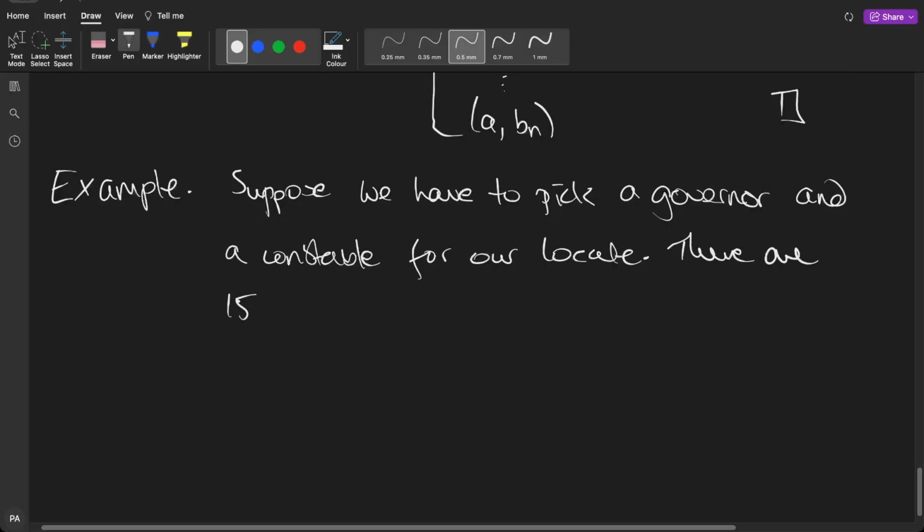There are 15 governor applicants and 12 constable applicants.